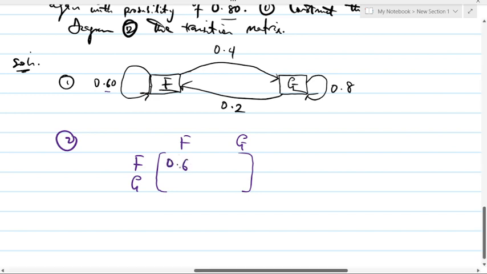If the next state will be G, that will be 0.4. And if it is G, to be G again is 0.8. And if it is G, the probability that it will be Ford is 0.2. So this gives us the transition matrix.